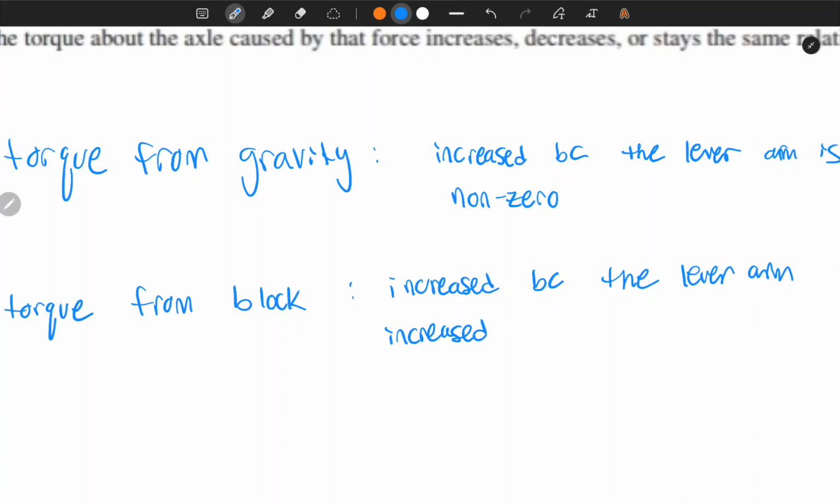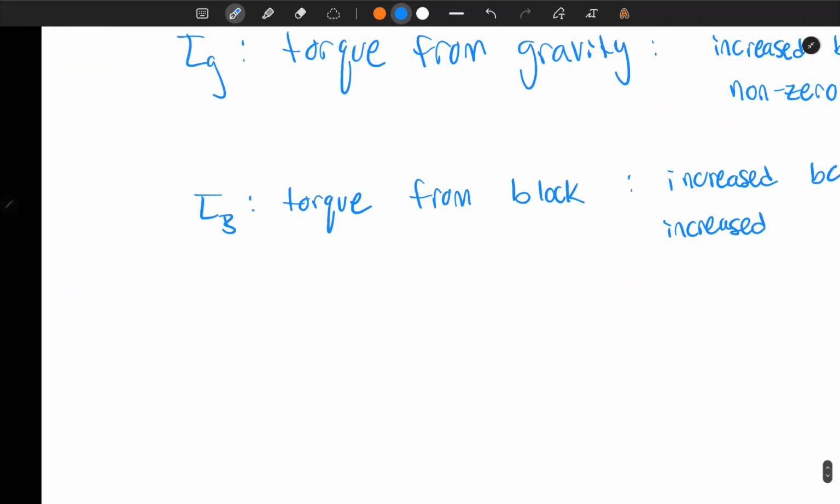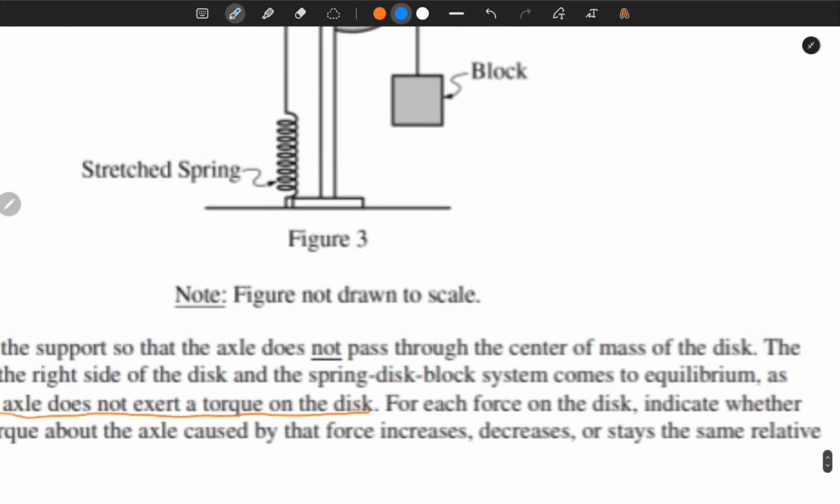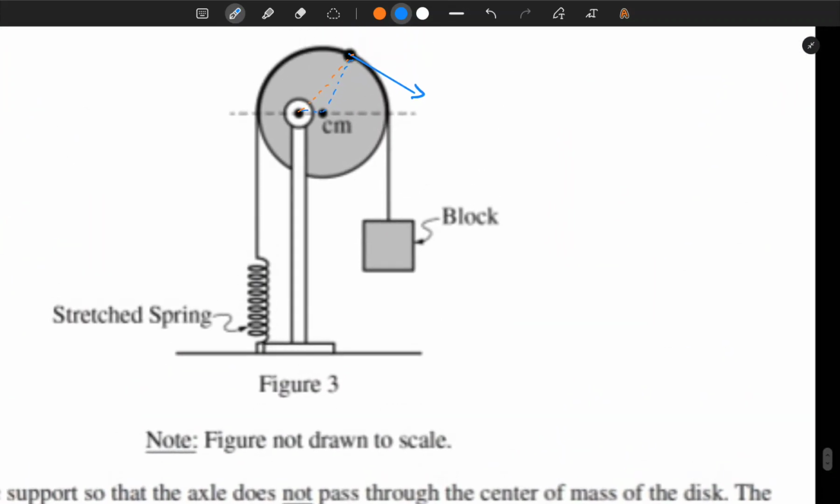The final torque on this system is the torque due to the tension of the spring. We'll call this tau sub s. So this is the torque from the spring. Before, the torque given from the spring only had to counteract the torque from the block.